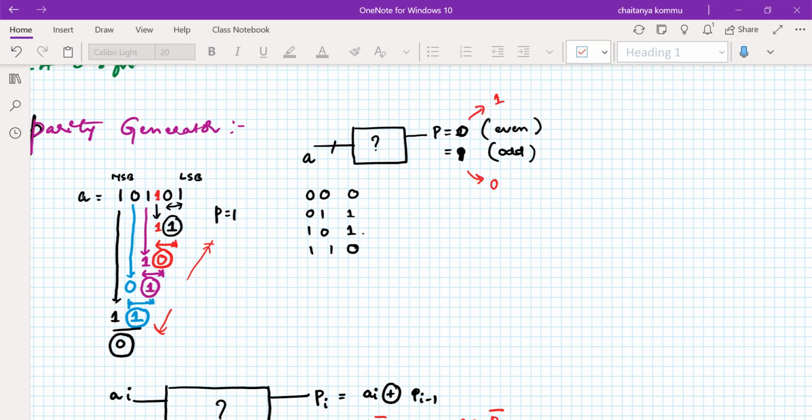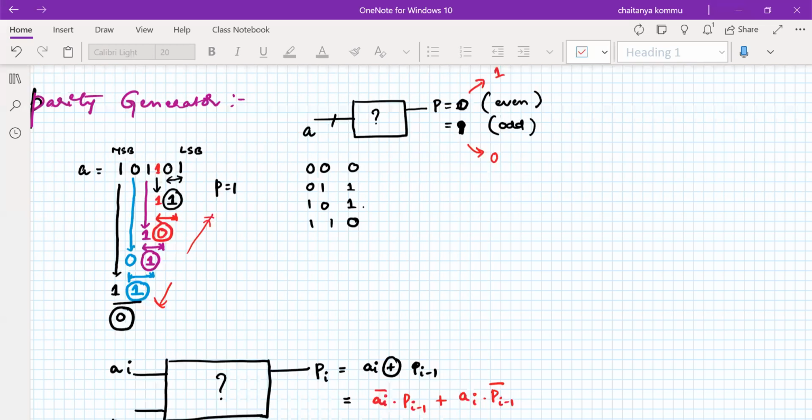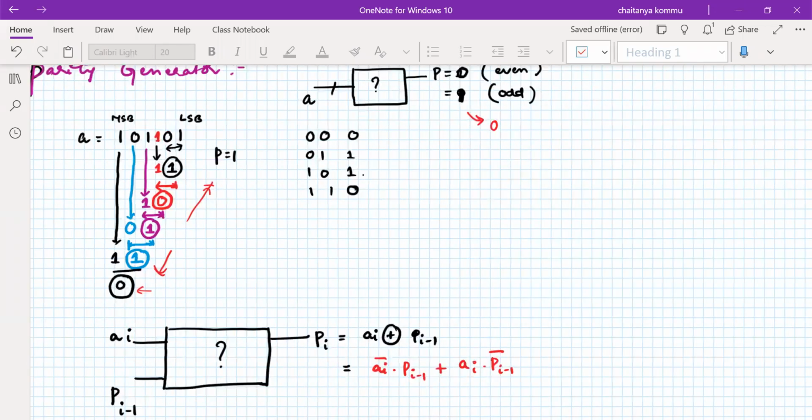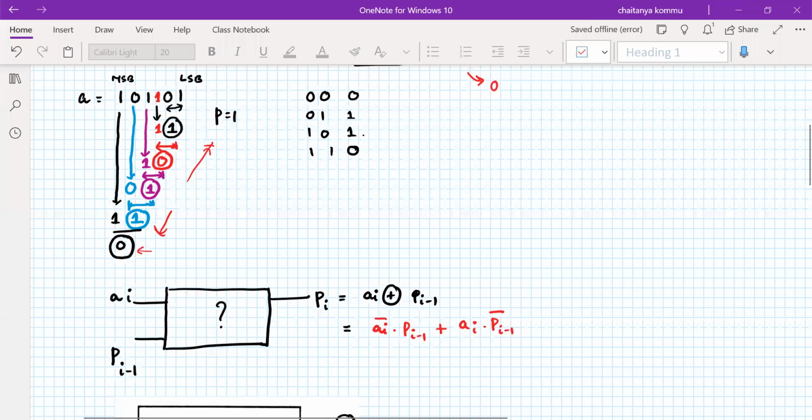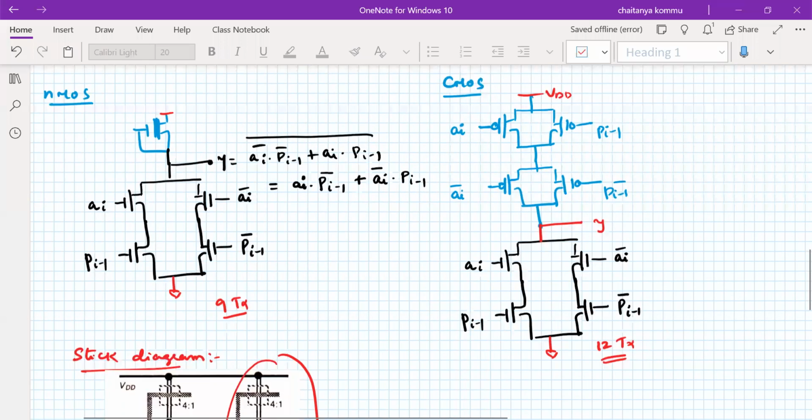That's the reason why they have used the XNOR gate, though we have mentioned that this is meant for an XOR gate. So either one is possible to consider, whether you take the parity information as 0 for even and 1 for odd, or 1 for even and 0 for odd. So please identify this difference.